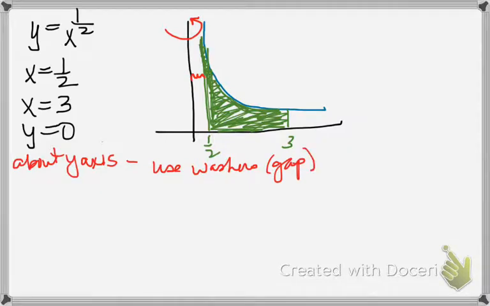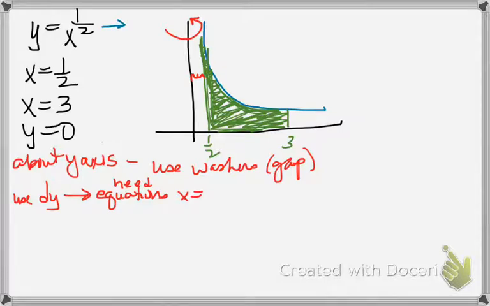And if I'm spinning around the y-axis, that would make this a dy problem. So I'm going to use dy, which means I need my equations to be in x equals. And so of course that's a slight problem because this one up here is not x equals.